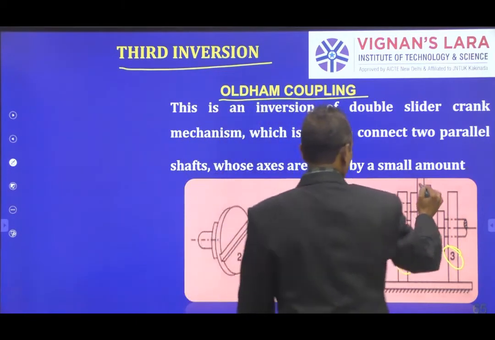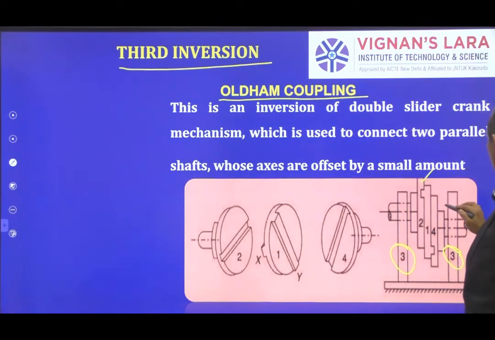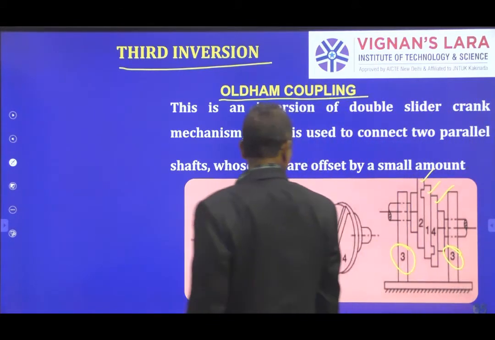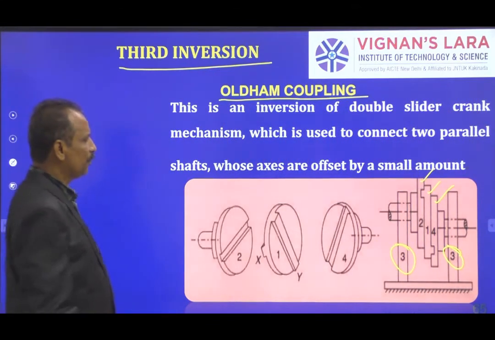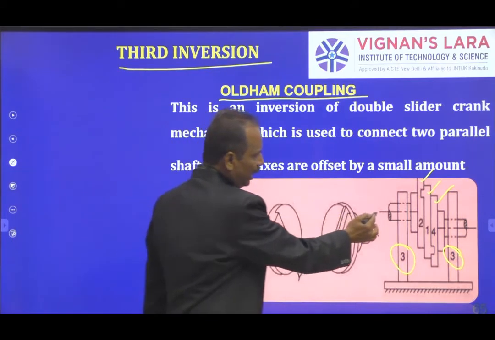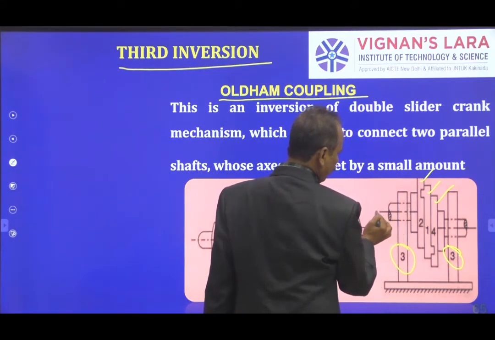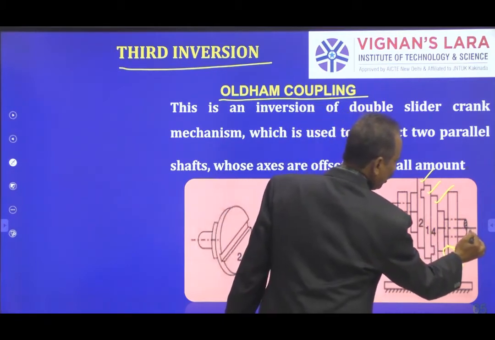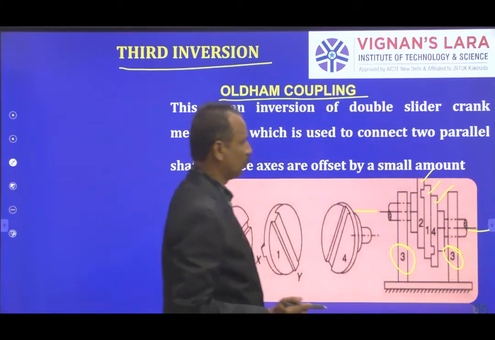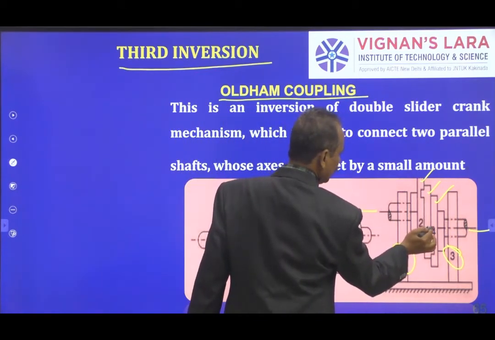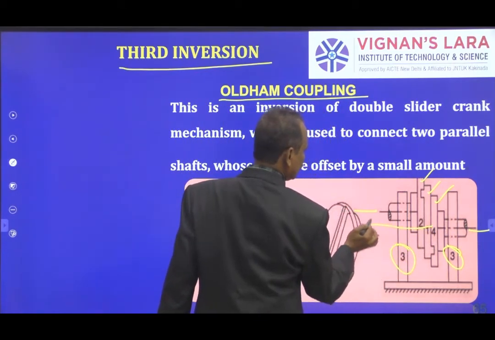This is link 2, this is link 4, and this is link 1. And this is the third link which is fixed. You can clearly observe the axis of the second one is not matching with the axis of the fourth one. There is some amount of eccentricity.